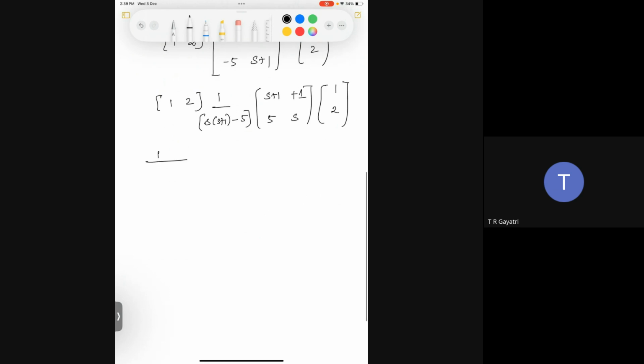Now this will be 1 by s square plus s minus 5, into [s plus 1, 1; 5, s], into [1; 2]. This will give me 1, 2.